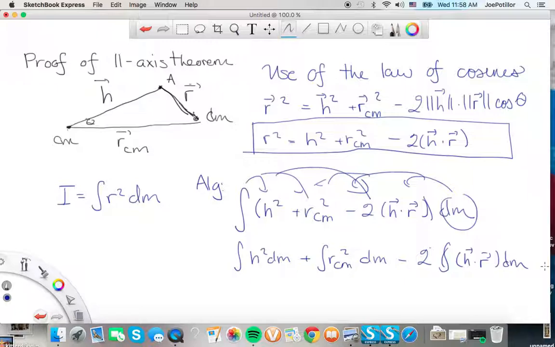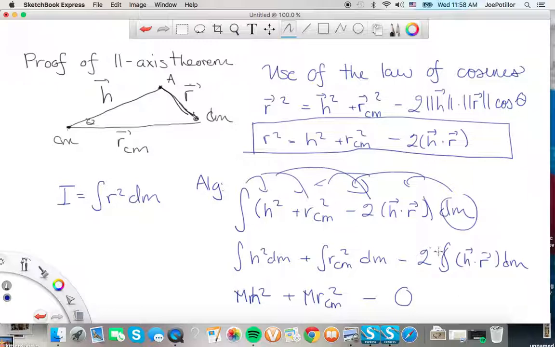Everybody with me? No need to do any fancy substitutions. We're just straight integrating with respect to mass. So that becomes m h squared, sorry, plus m rcm squared minus absolutely nothing.